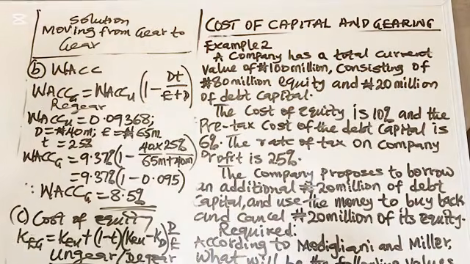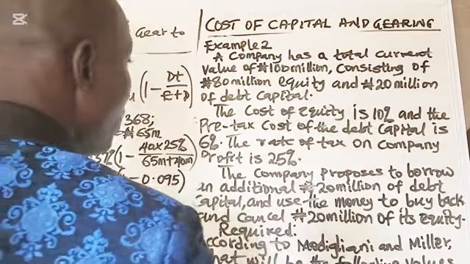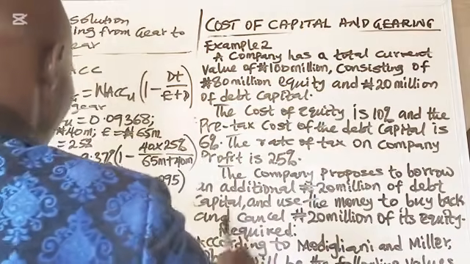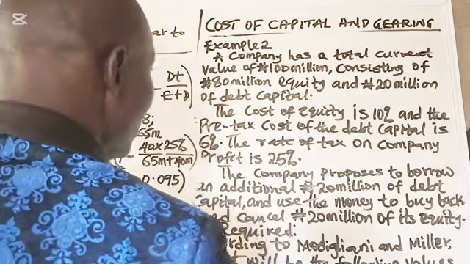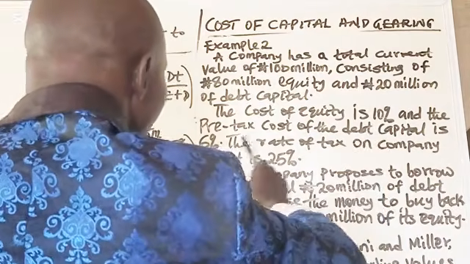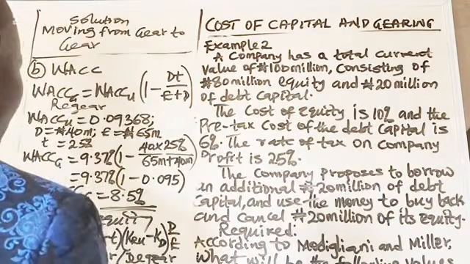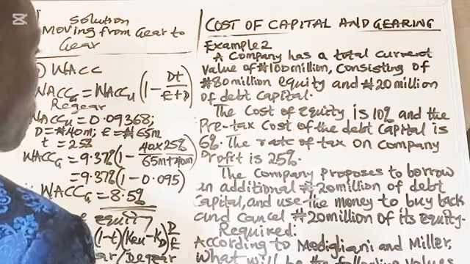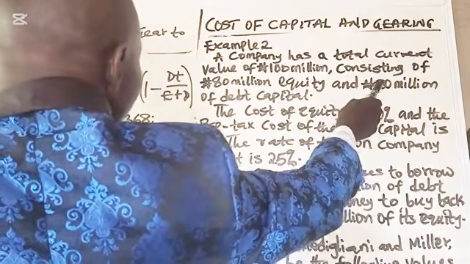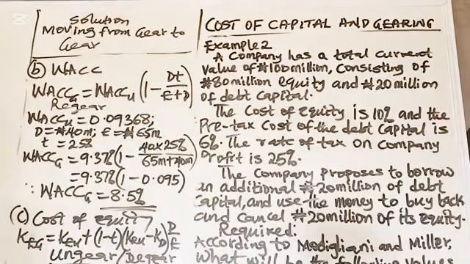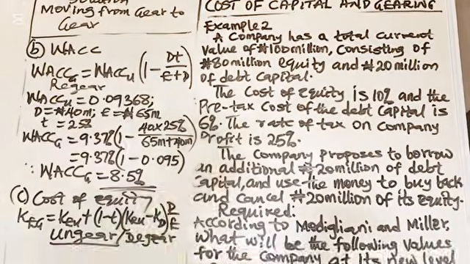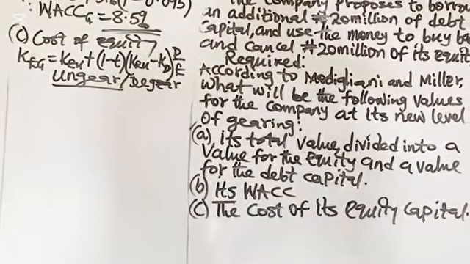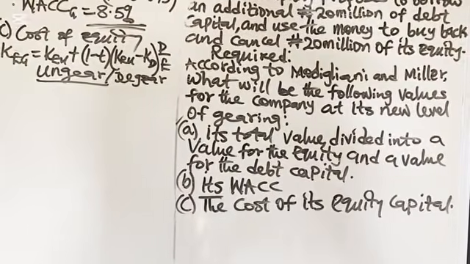The tax rate remains 25%. Cost of debt is 6% pre-tax. The market value of debt is 20 million, that of equity 80 million. So we want to use those variables now.